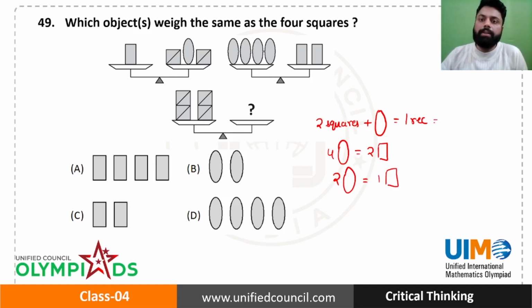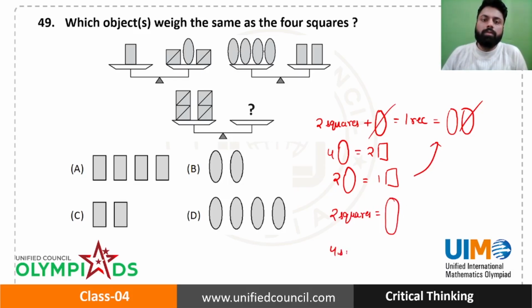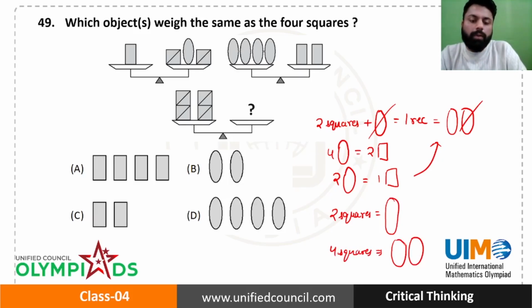So 1 rectangle is equal to 2 ovals. From here, you can eliminate this. So 2 squares is equal to 1 oval. 4 squares is equal to 2 ovals. So option number B is the correct answer.